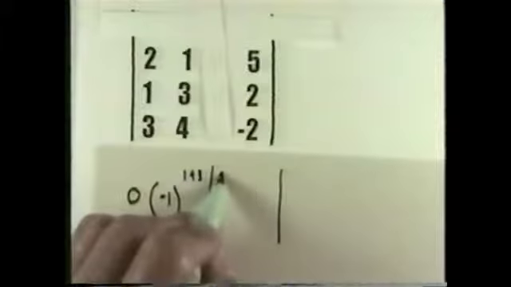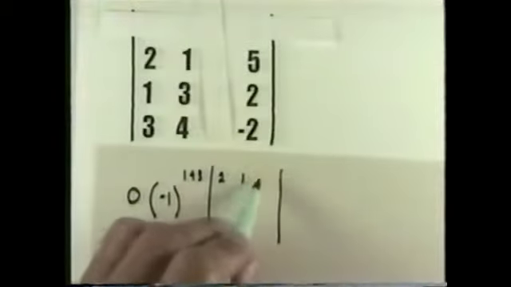So what I do now is remove row 1 and column 3. So I'm left with 2, 1, 5, 1, 3, 2, 3, 4, -2.